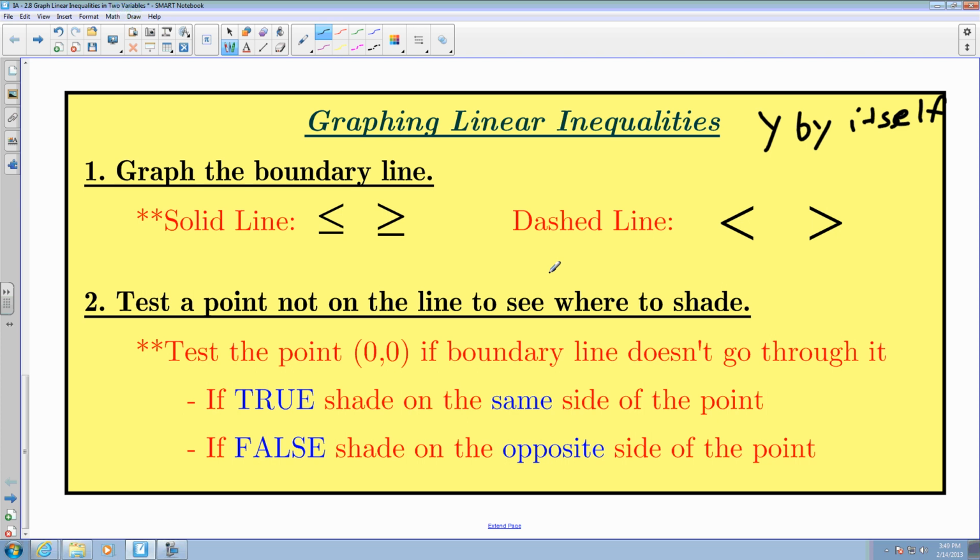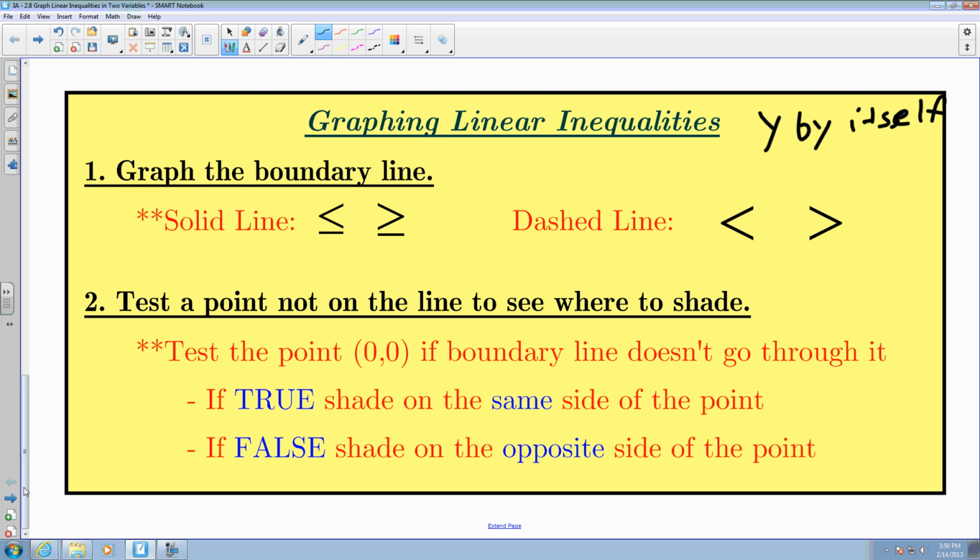More often than not, we use 0, 0 for our test point as long as that's not part of the boundary line. When we plug those values into our inequality and it shows up as a true statement, then we shade the side that the test point is on. If it's a false statement, then we shade away from the test point side.